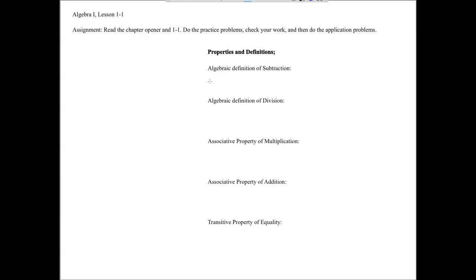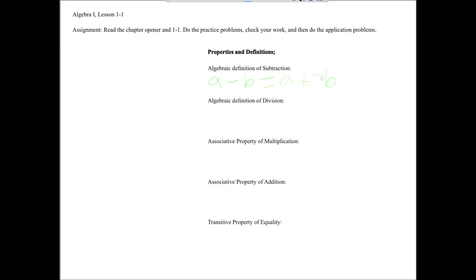So this algebraic definition of subtraction is telling us that we have a minus b equals a plus the opposite of b. We can take a subtraction problem, a minus b, change it into an addition problem by taking the opposite of whatever b was.